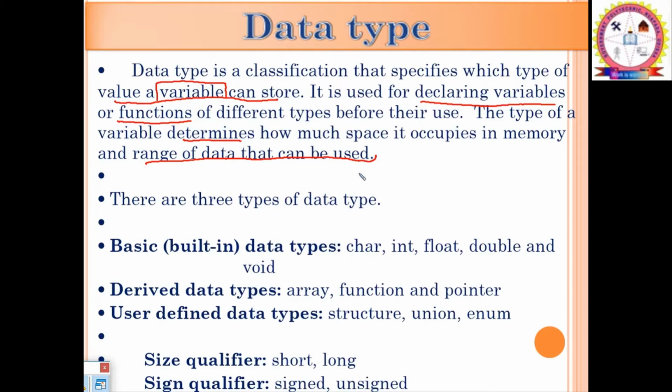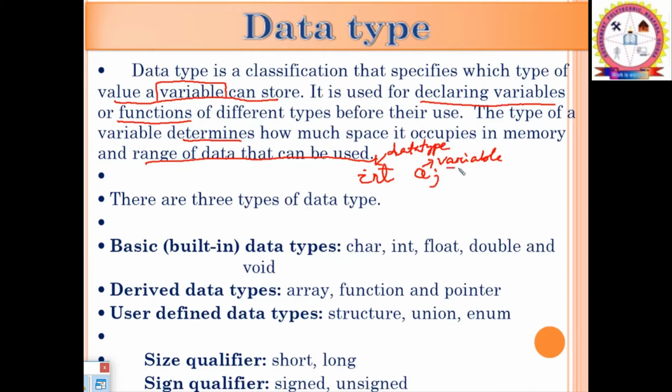The detail we will study later. Just a small example I can give you. Suppose int is a data type and we have declared a as a variable. This is a variable and this is a data type. The detail we will discuss while studying variables.